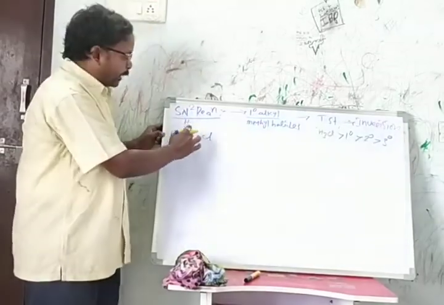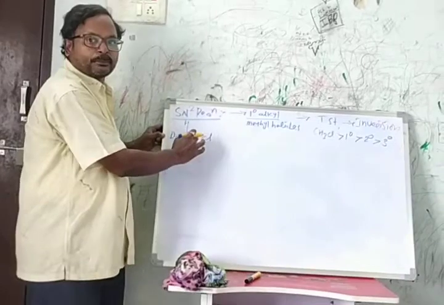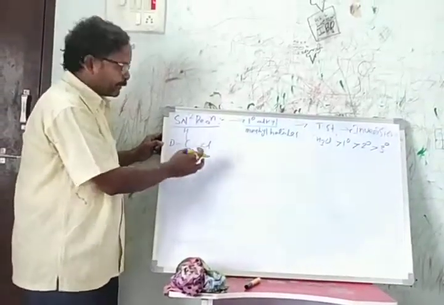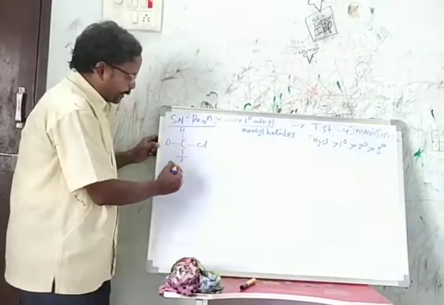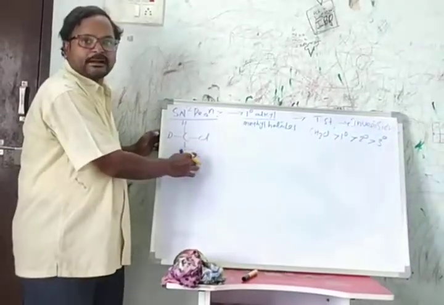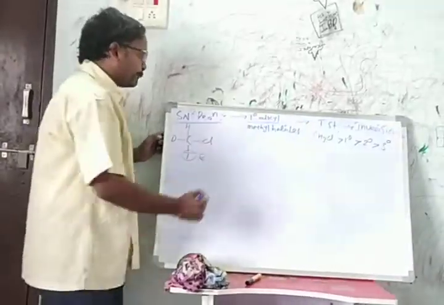This carbon is attached to 4 different groups. Instead of T, if you use R also, both will be the same. R means alkyl, then it becomes primary. T means tritium, it is also primary.